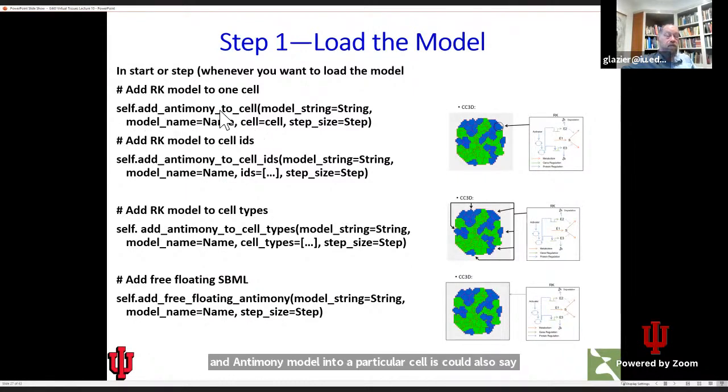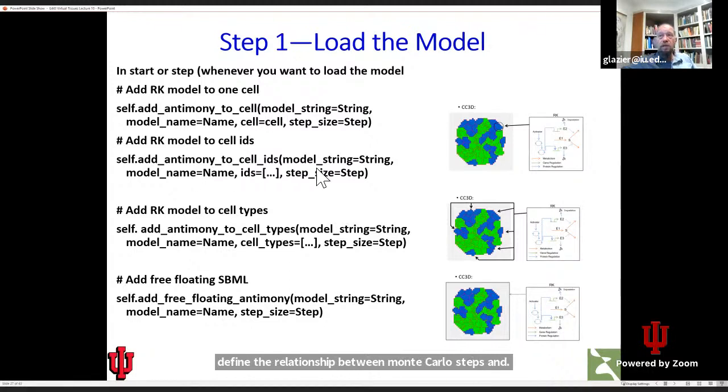This could also say SBML model instead of antimony model. I can read from a model string here. I give the model a name, which is required. I say which cell I'm loading it into, and I can also define the relationship between Monte Carlo steps and antimony time using the step size.